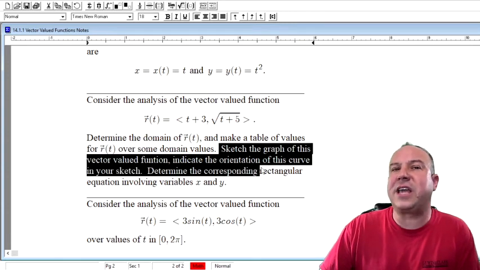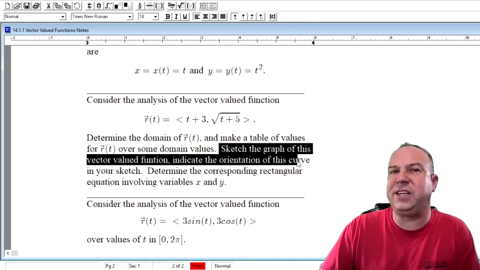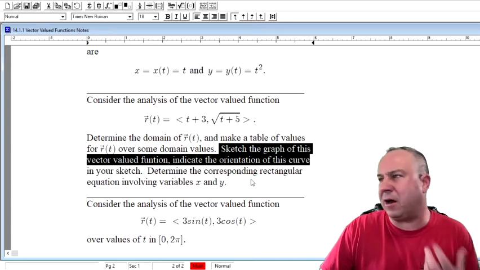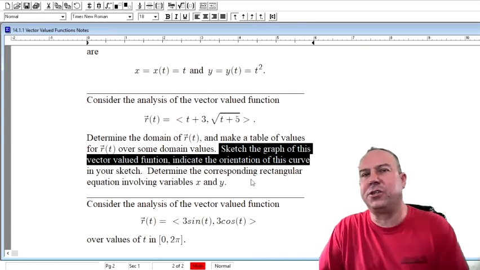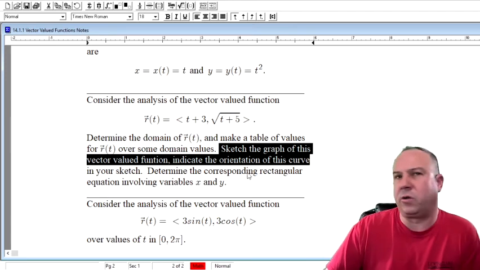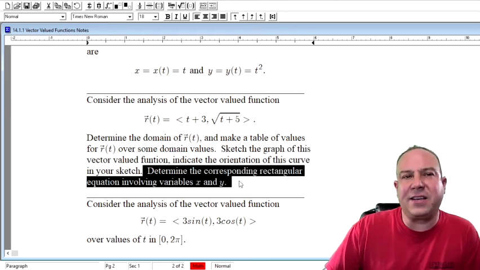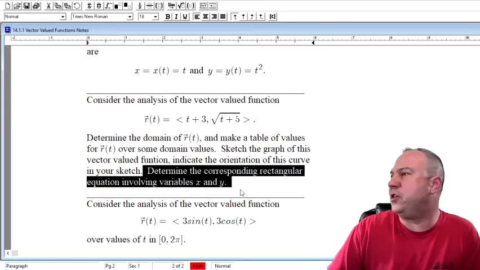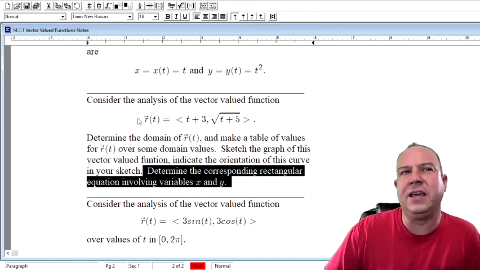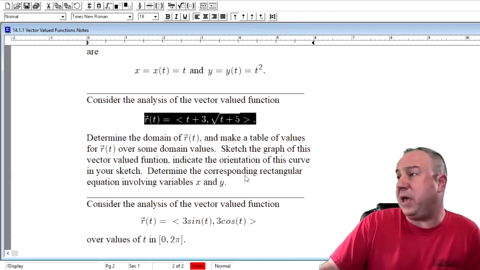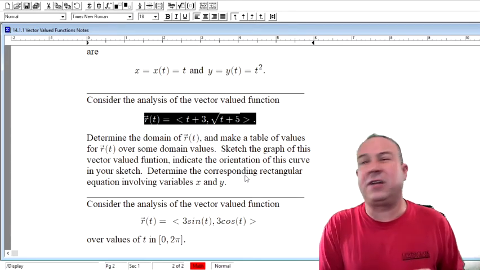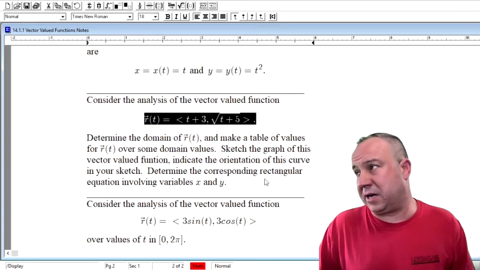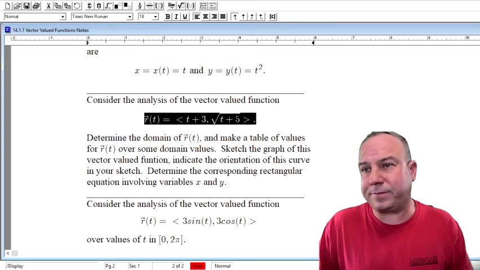And then consider sketching the graph over this domain, actually indicating some orientation of the curve in that graph, putting some arrow into that curve, some directional indication as to what would be forward orientation, and then to come along and determine the corresponding rectangular equation involving those variables x and y. If this exists in two-dimensional space, there must be some corresponding rectangular equation that also describes it. Can you find that corresponding rectangular equation?